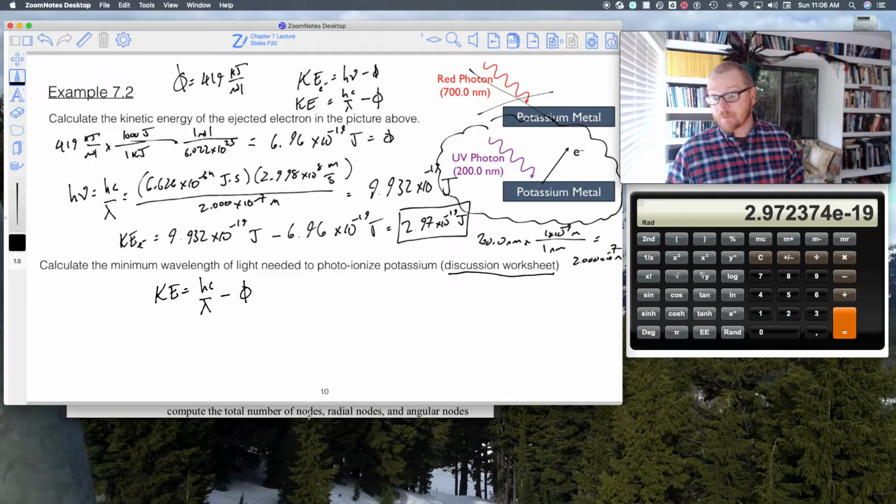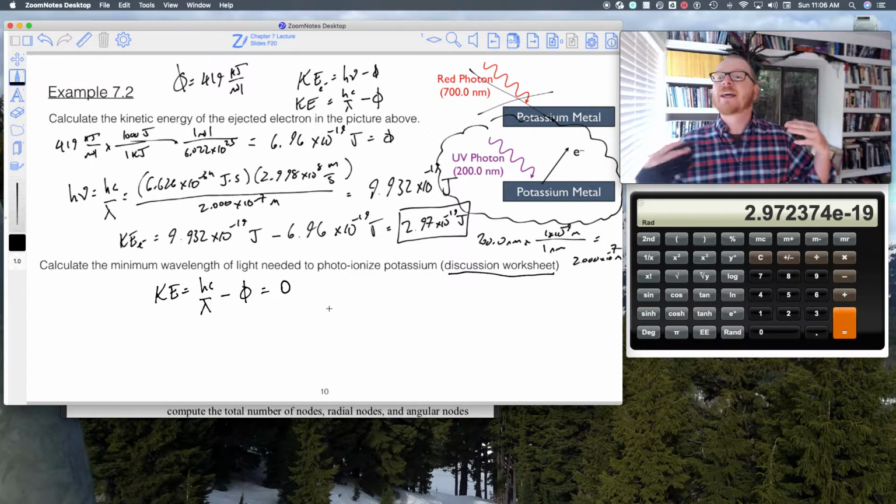The bare minimum energy will be when the kinetic energy is 0, because anything slightly more energetic than this number, the energy that satisfies this equation when it all equals 0, will represent the bare minimum.